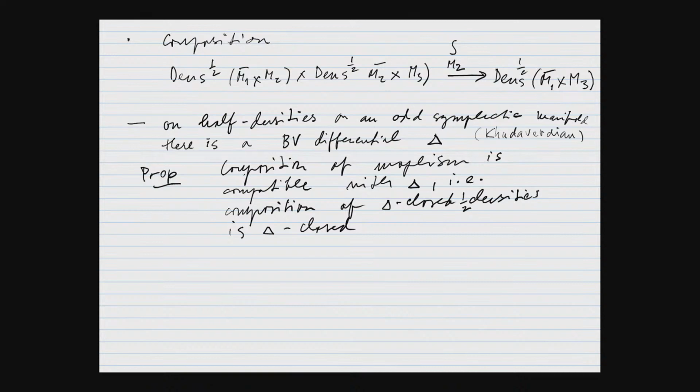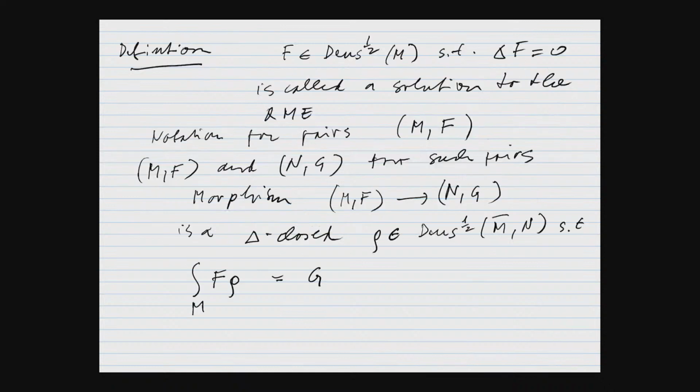So if you start with two half densities which are Batalin-Vilkovisky closed, you get again a Batalin-Vilkovisky closed half density. So this leads us to the following definition. We consider a half density on our symplectic manifold which is Batalin-Vilkovisky closed. Call it the solution to the quantum master equation.